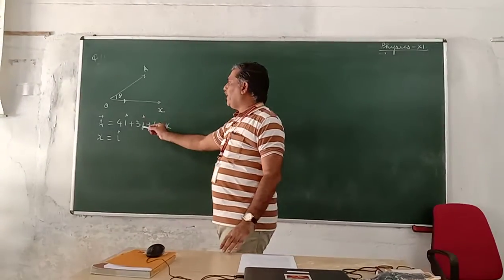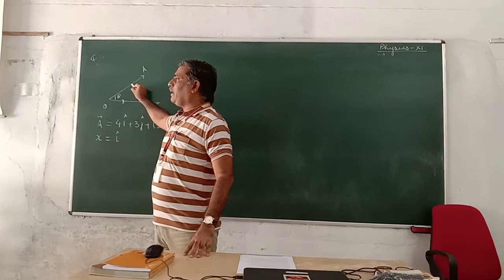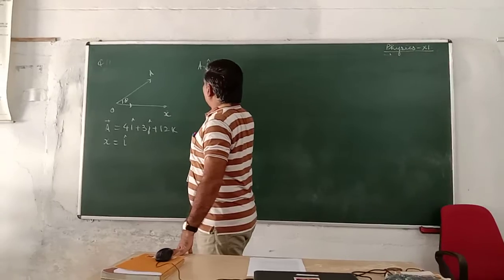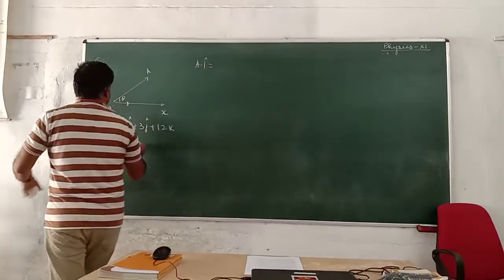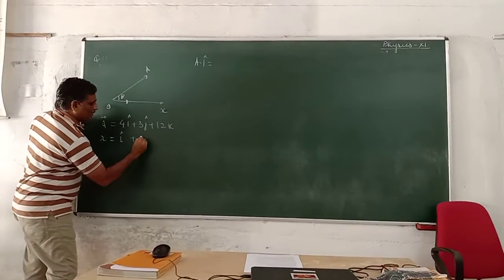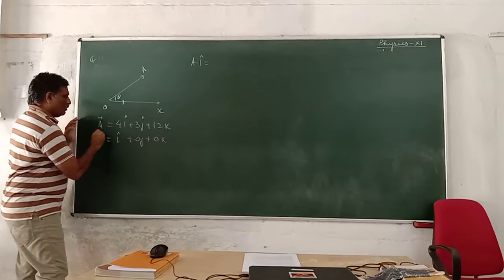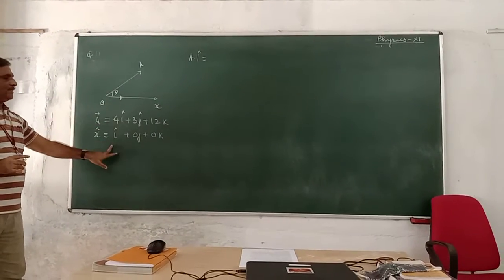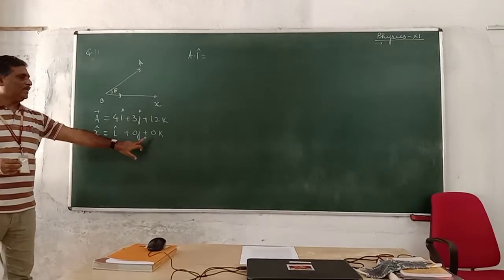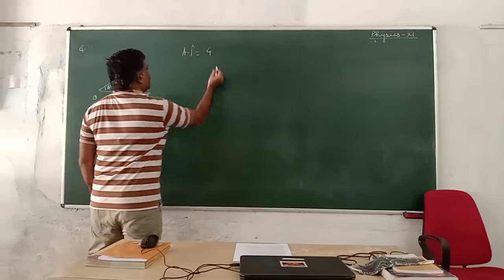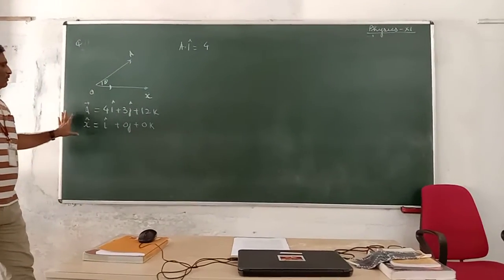The scalar product of these two is this multiplied by this. The unit vector along the x-axis is i plus 0j plus 0k. So A dot i is equal to 4.